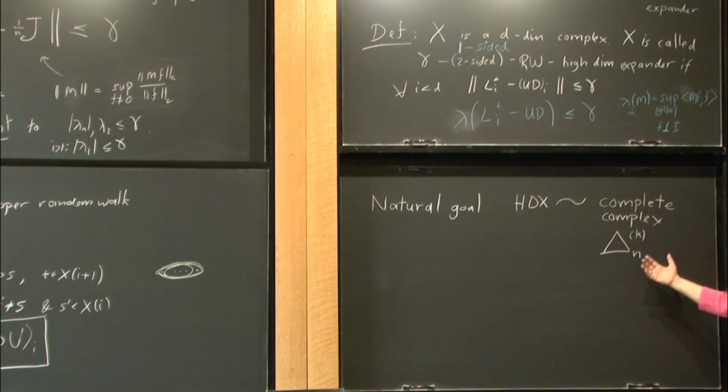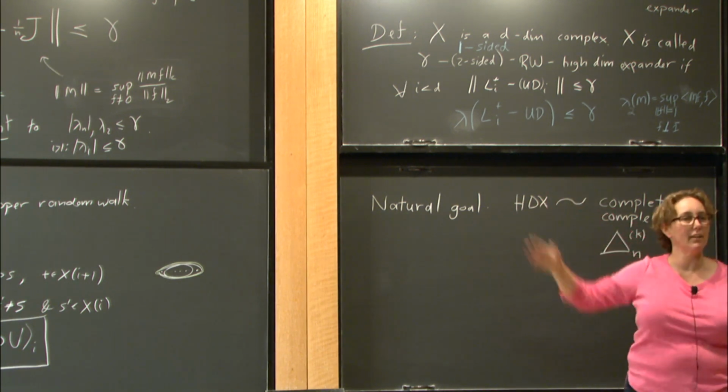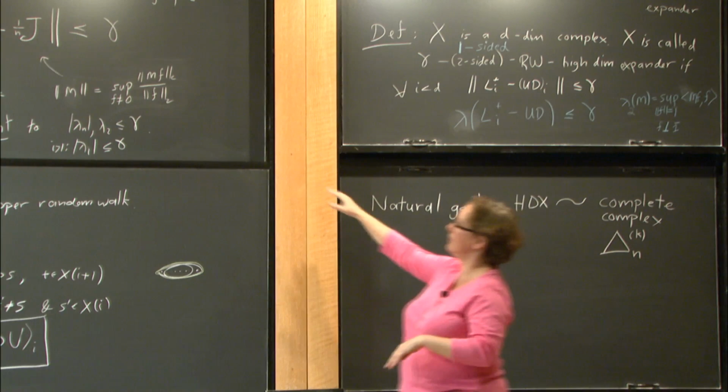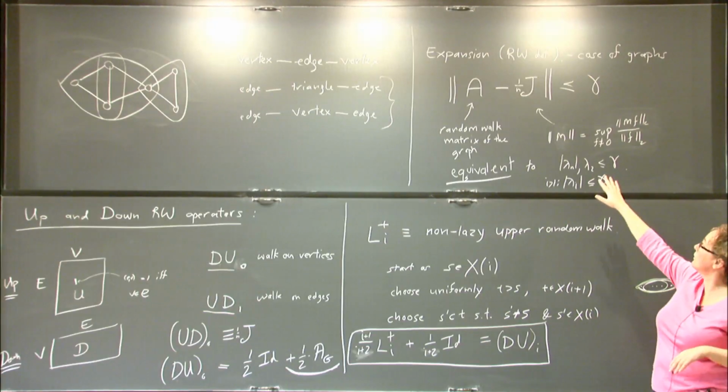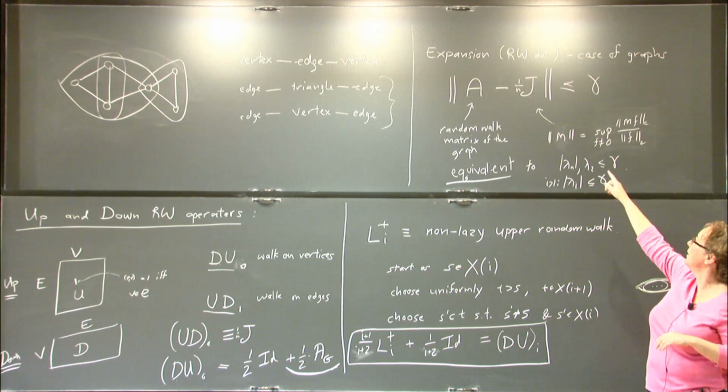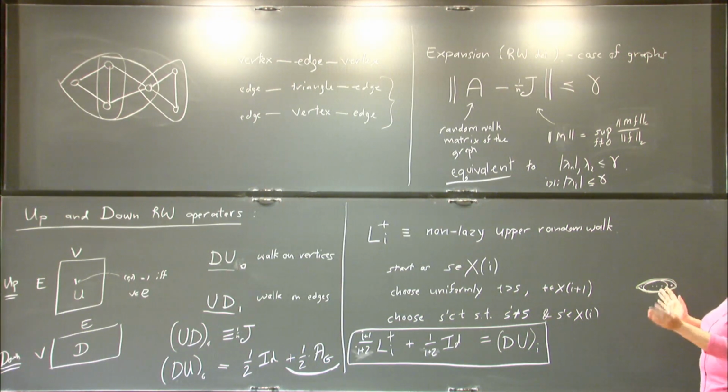Now, if you think about it, from elementary considerations, you would try to think how you would define something that approximates this in terms of random walks. At the level of vertices, this has already been done for us: J is the complete complex at level 1 or 0, and A needs to approximate it.